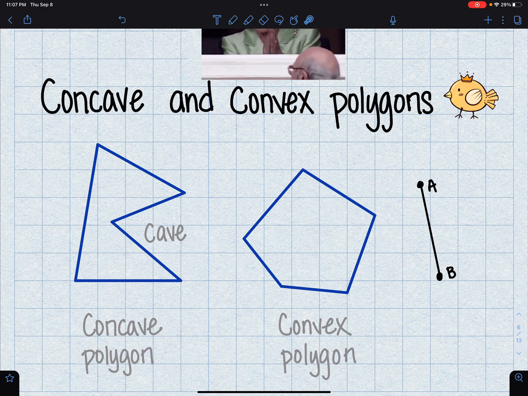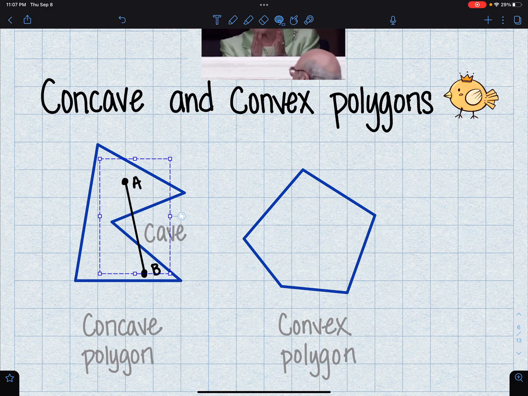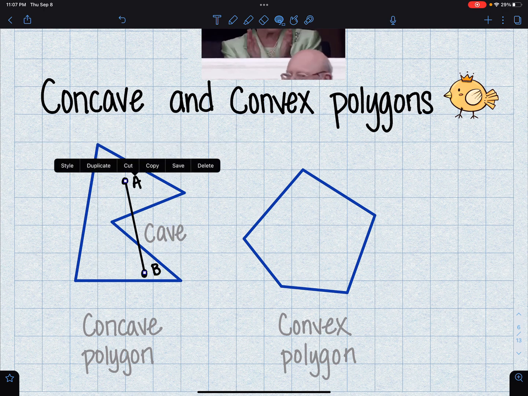And the way that you can tell, because sometimes it's like, does that have an indentation? Does that little piece count or not? I don't know. If you can take a line segment like this and put it inside a polygon and it crosses through the outside, then that means that it's concave.